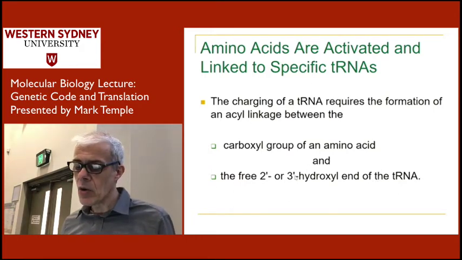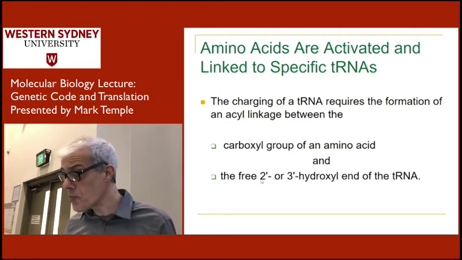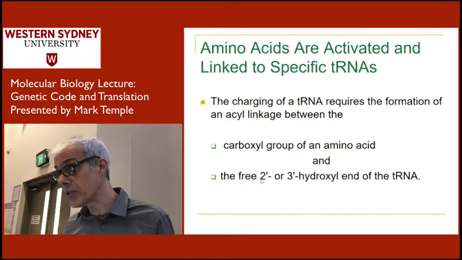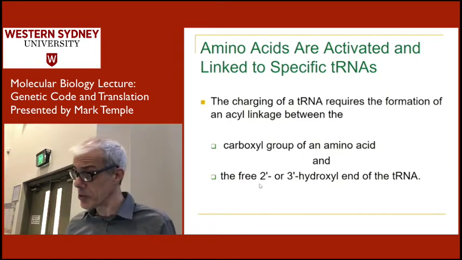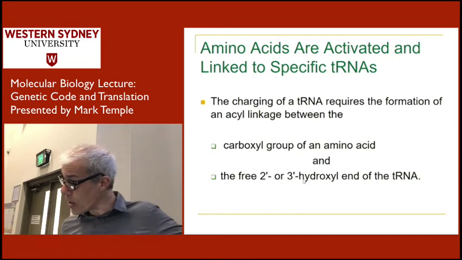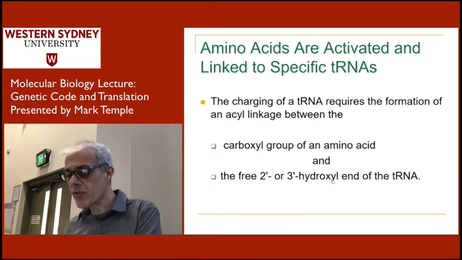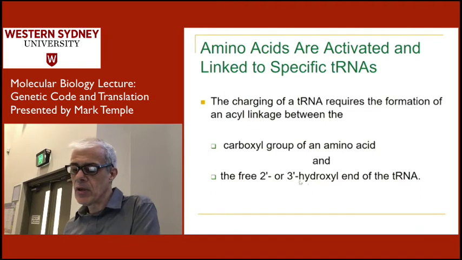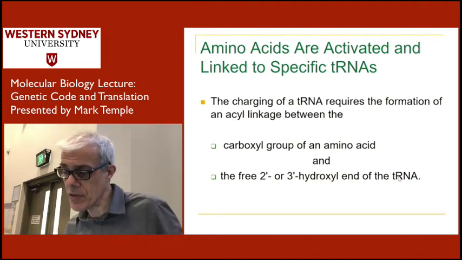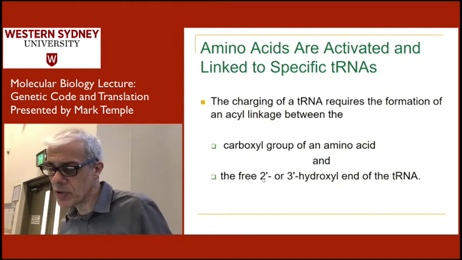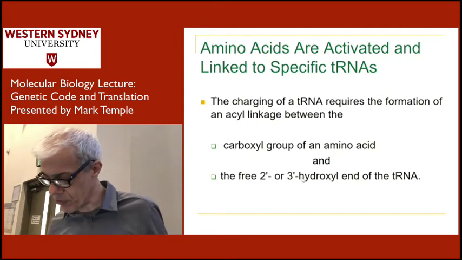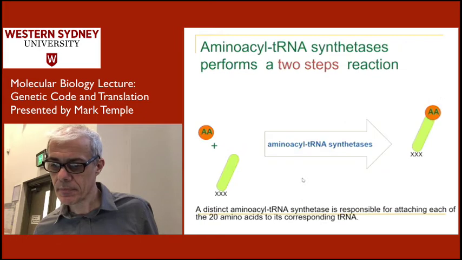Okay? So we've been talking about the 3' end of the transfer RNA, but actually the 2' hydroxy is also exposed at the 3' end. So we could refer to it as a 2' end or a 3' end. Okay? We've got the 5' end and the 3' end, but at the 3' end of the transfer RNA, there are 2 free hydroxy groups, and you'll see that in a diagram.